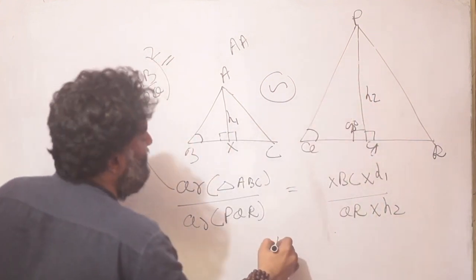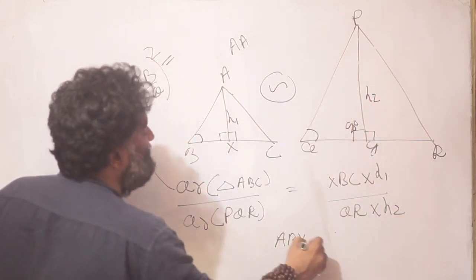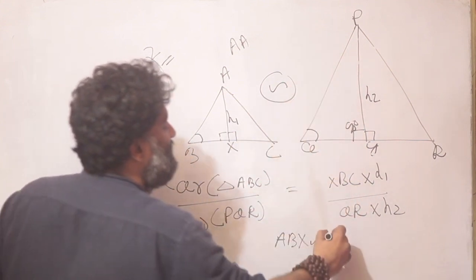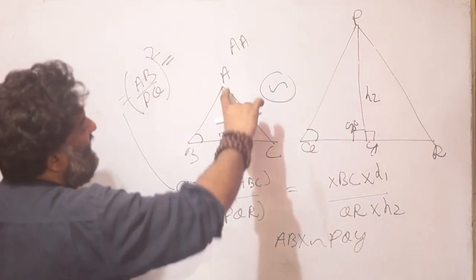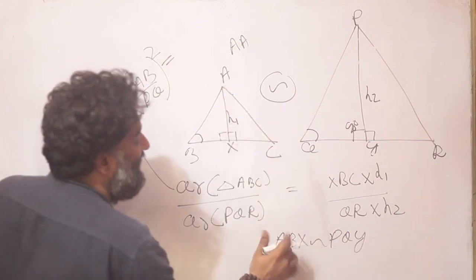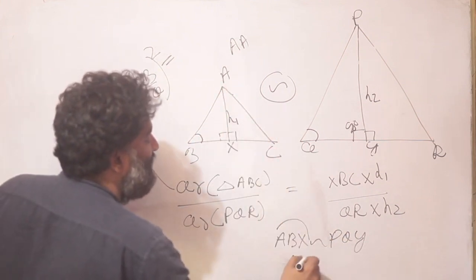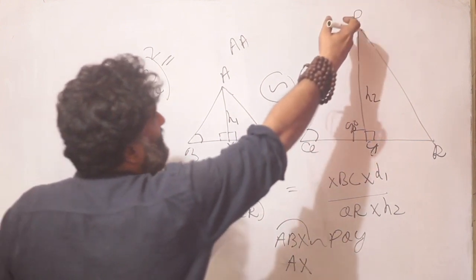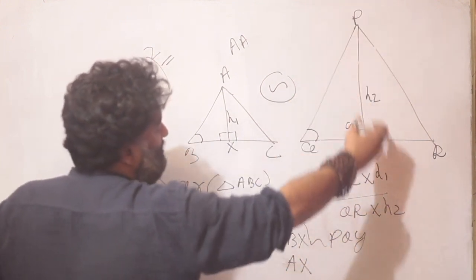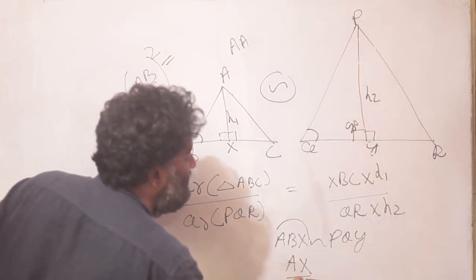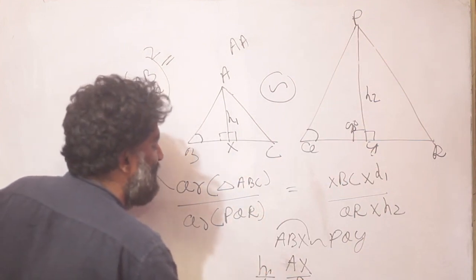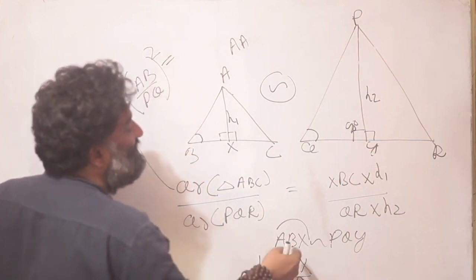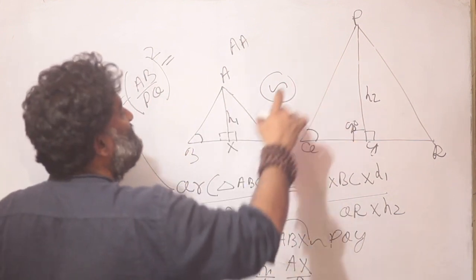That means triangle ABX is similar to PQY. And now if I think about the height, h1 is going to be AX. So AX, the corresponding height here is going to be h2 or PY. So I am looking at the ratio of AX upon PY or h1 upon h2. This is going to be the same as the ratio of other two corresponding sides.